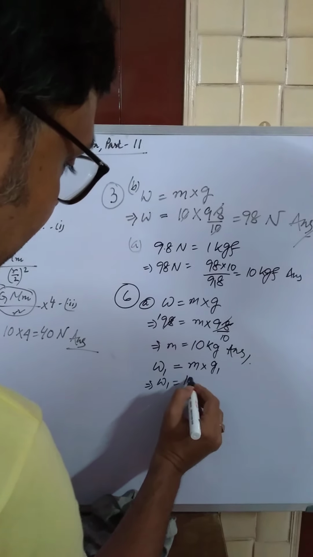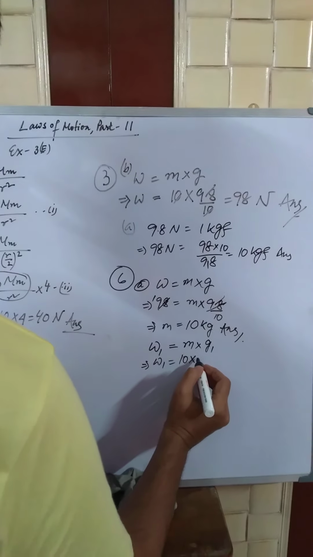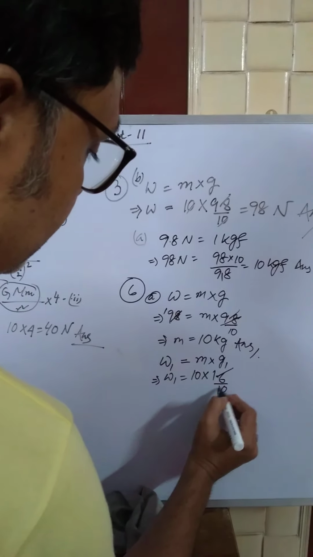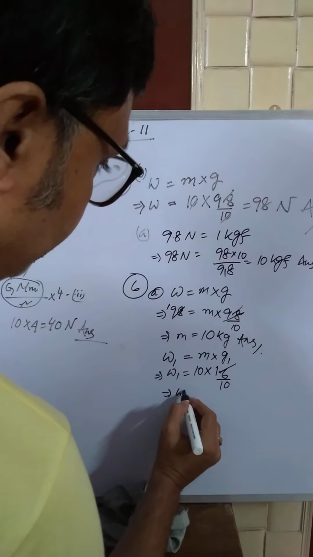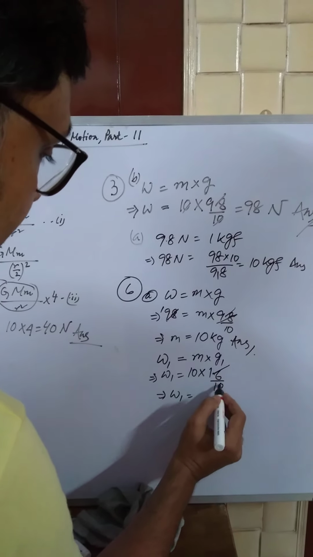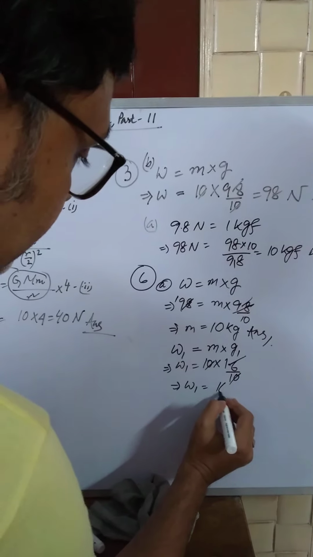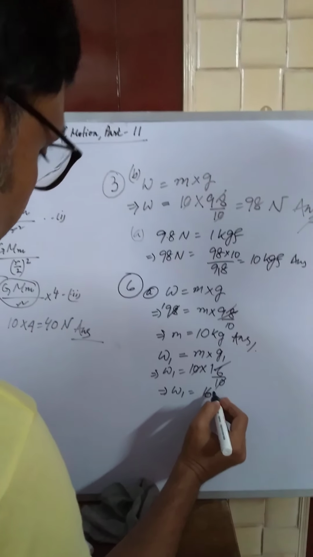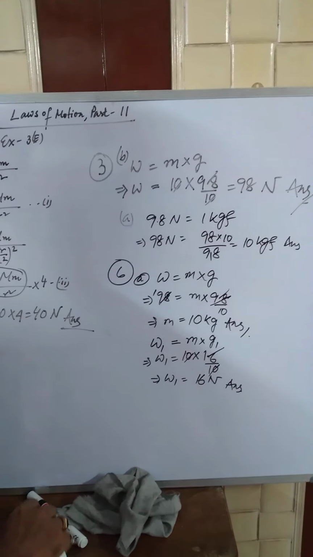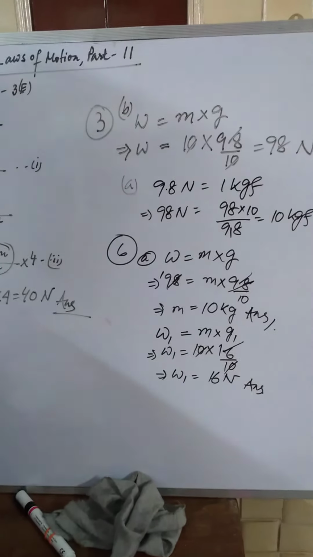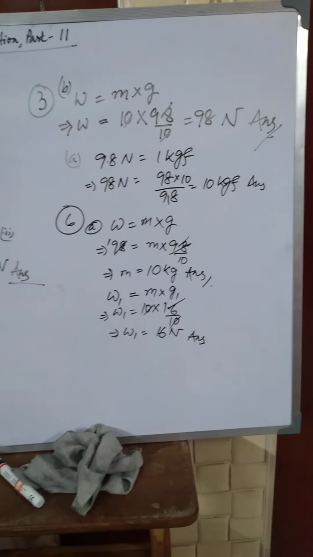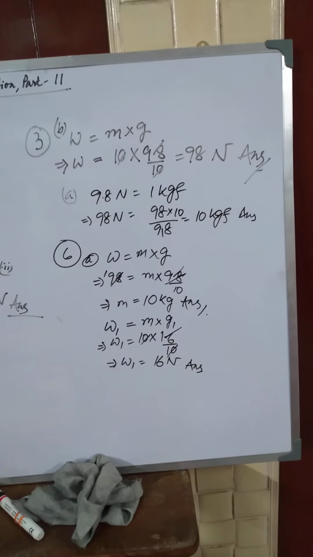So m is 10 kg and g1 is 1.6 meter per second square. Removing the decimal, W equals 16 Newton. So the weight of the object where the acceleration due to gravity is 1.6 meter per second square should be 16 Newton.